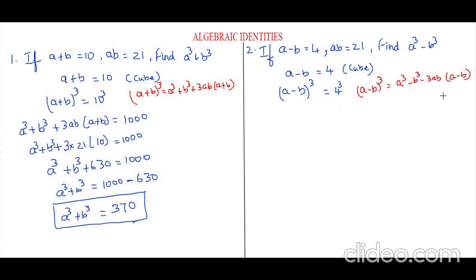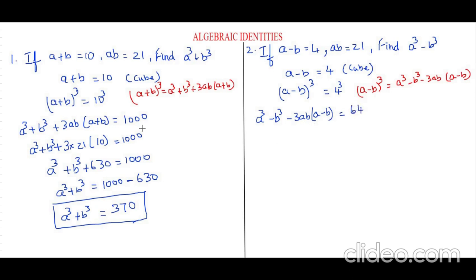That's it. Everything else is same. So for this identity the derivation is also there in my videos. You can refer that. Now let's apply the identity. So a minus b whole cube is a cube minus b cube minus 3ab times a minus b equals 4 cube is, yes, it's 64.